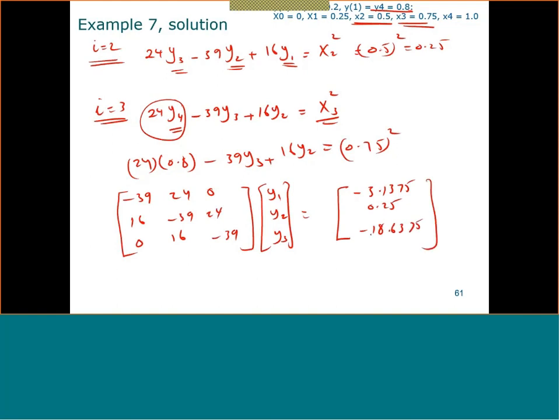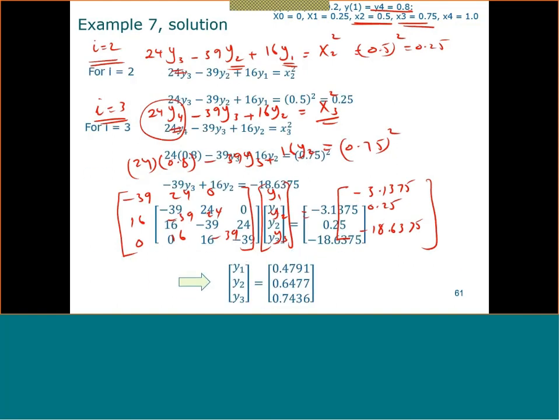So now I have this set of equations. I will solve for y1, y2, and y3, and this is the answer.